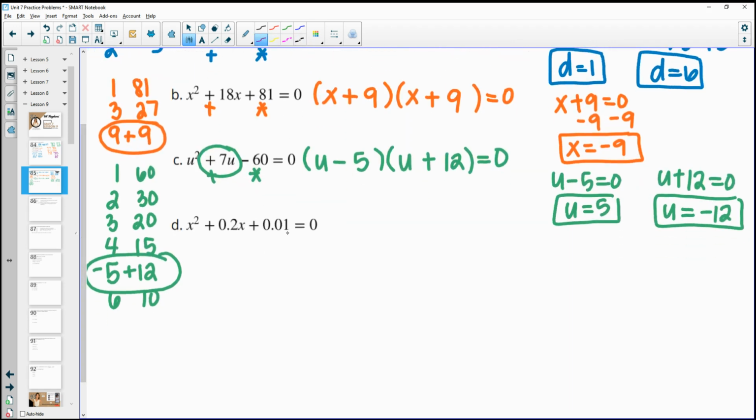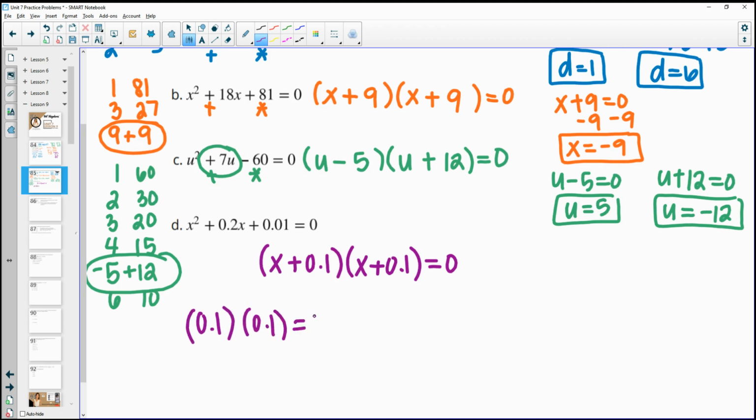Then this final one is using decimals. So you may need to use your calculator to try to figure this one out. But 0.1, so 0.1 times 0.1 gives us 0.01. And 0.1 plus 0.1 is 0.2. So if we multiply these, that equals the 0.01 that we need.